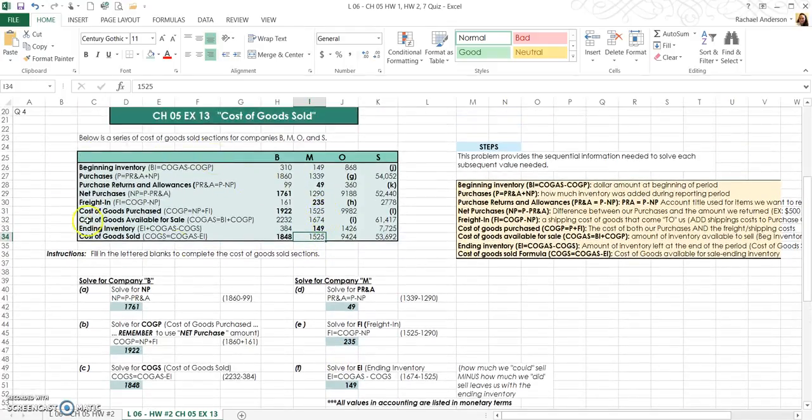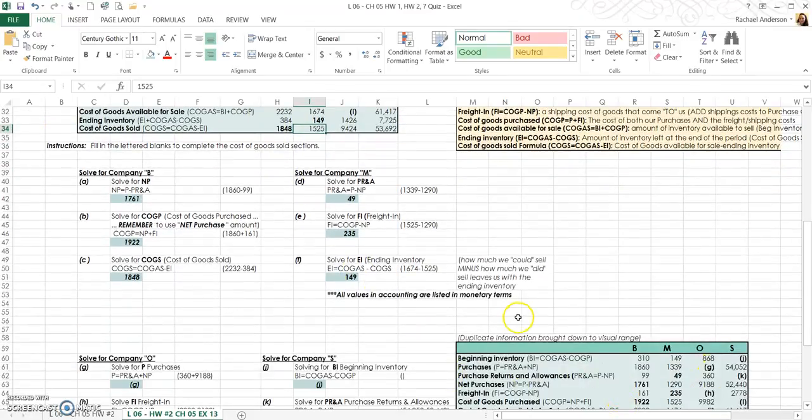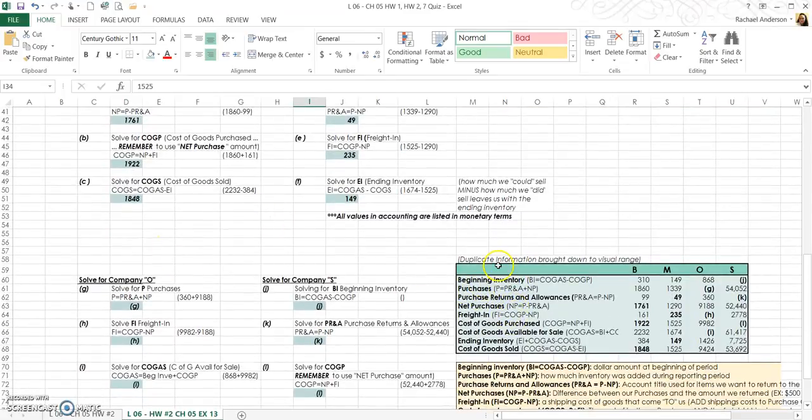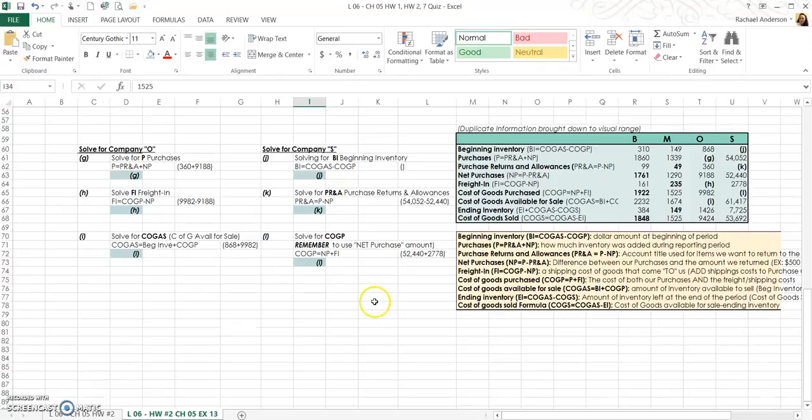Now I have pre-populated this chart so that it automatically fills in down here, just because I need to be able to see what I'm looking at. So if you will notice, we still have Company O and Company S not calculated, but these have auto-filled in down below here.